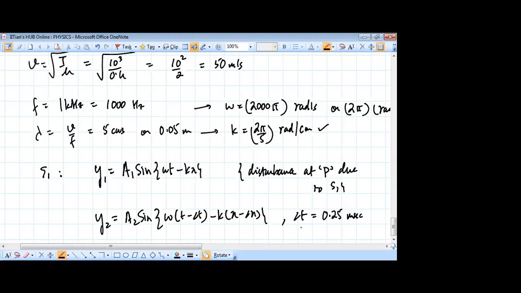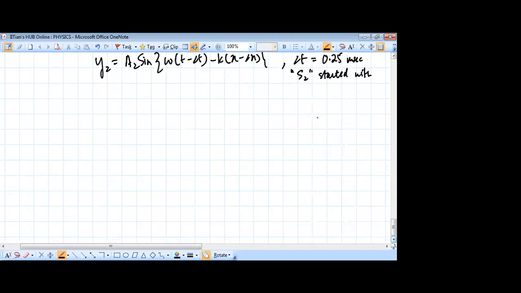because the source S2 started with a delay of delta t compared to S1, which started at t equal to 0.